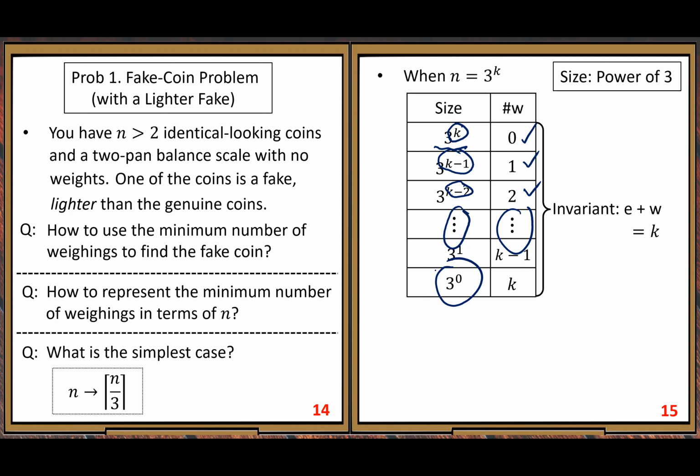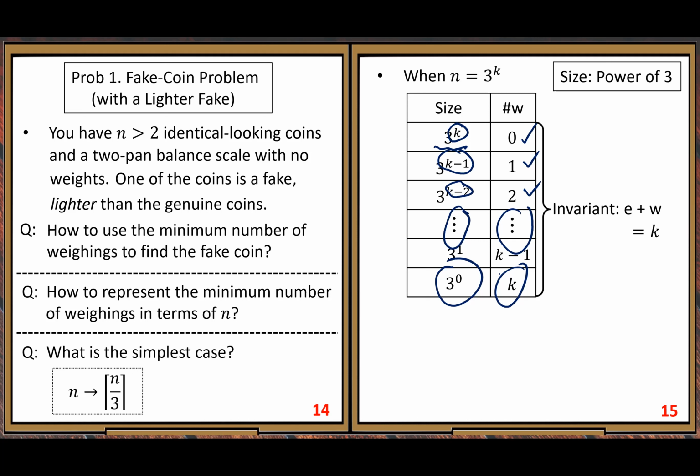How many weighings? Based on the invariant relationship, K weighings. Is that the answer we want to have? K. But it's not in terms of N, right?